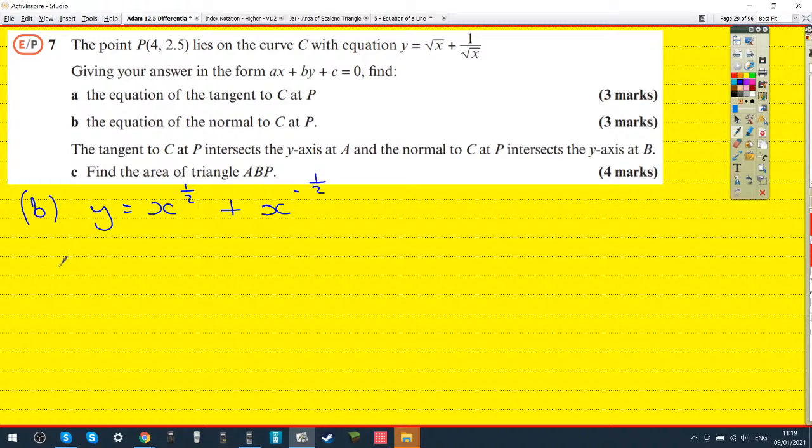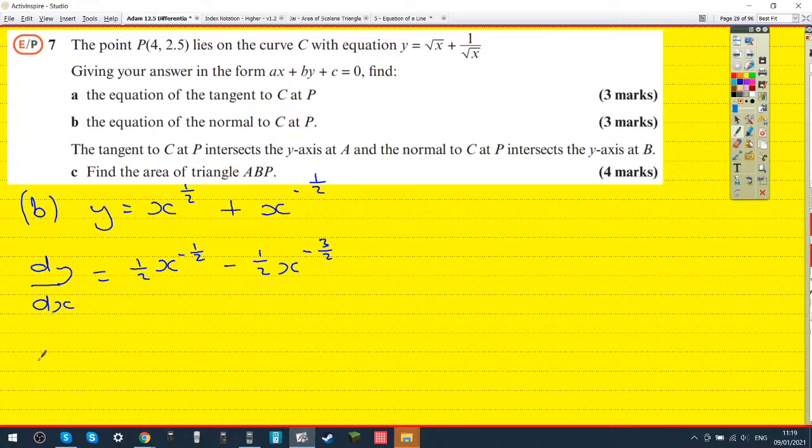I got a half x minus a half to the power of minus a half plus a half x to the power of minus 3 over 2. Yeah, and that should be minus a half x, because it was minus a half. Okay, what's next? Now do we sub in 4 into that?